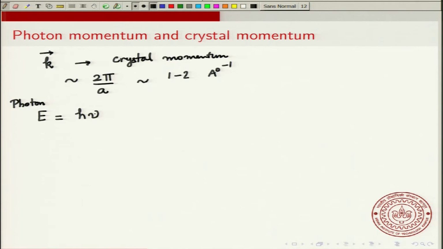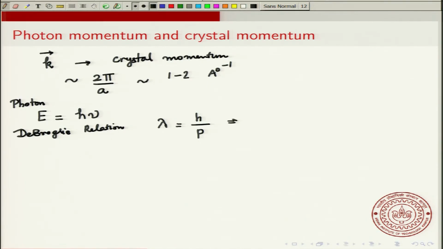So a photon of frequency nu has energy h nu, and there is another relation called the de Broglie relation, which says that the wavelength of the photon is Planck's constant divided by the momentum of the photon.